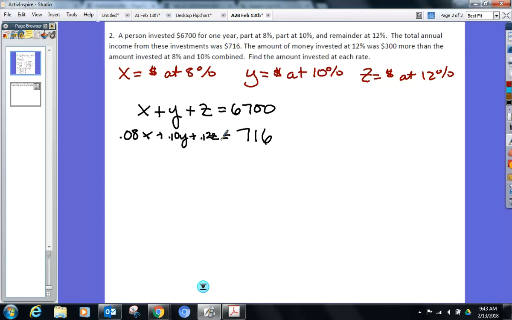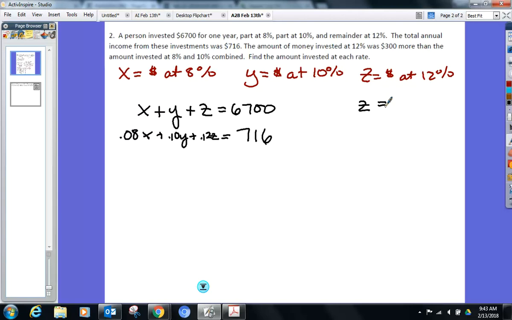And then where does the third equation come from? The amount invested at 12%. What letter was that for us? Z was 300 more than the amount invested at 8 and 10% combined. What's that going to look like here? 300 more than.